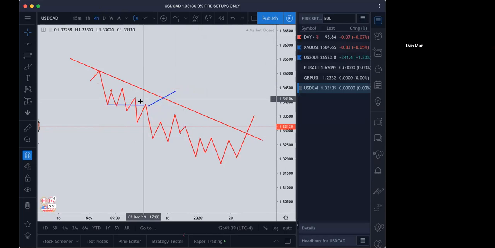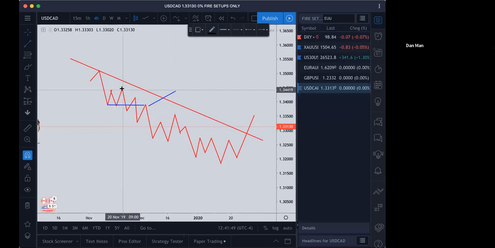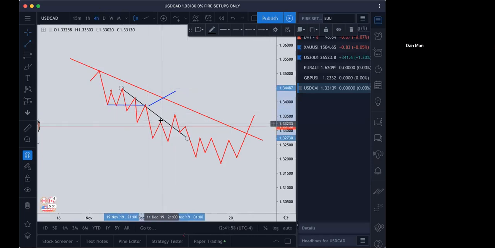Okay, so we took this sell right here. So now, right here, I see a natural W. Natural W has a break of the trend line though.